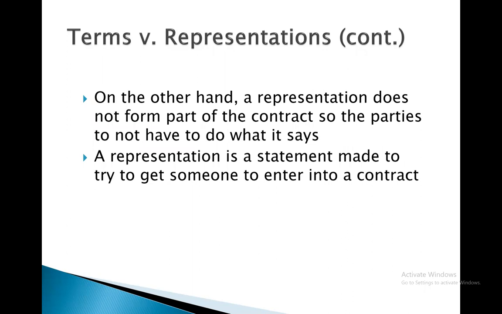For that matter, the representor will make the statement of fact with the sole aim of inducing, that is, persuading the representee to actually go ahead and enter into a contract. So let us keep that in mind.